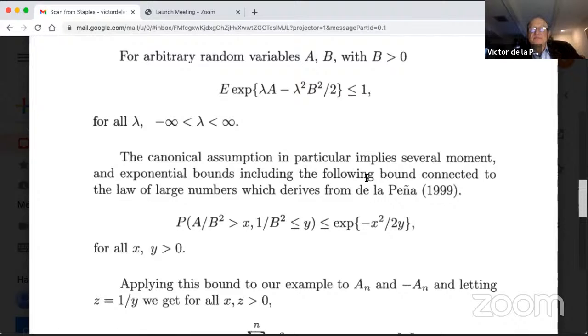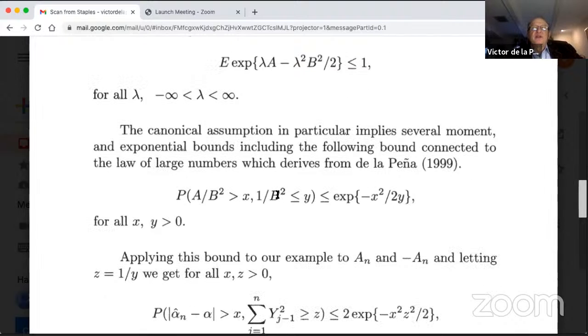Under this assumption, one can prove that the probability that A over B squared is bigger than X and B squared is less than Y is less than or equal to e to the minus X squared over 2Y. I will prove other inequalities, but this one follows by using Markov's inequality and a few other tricks. I'm not going to prove it here, but please believe me that this is true. So here we are self-normalizing A by its conditional variance.